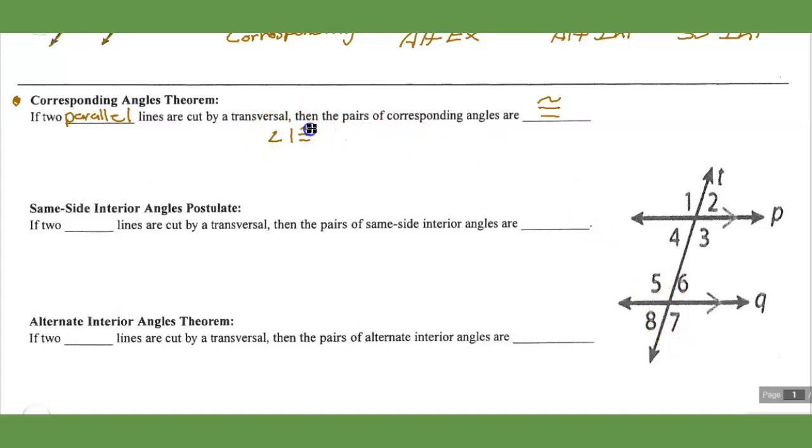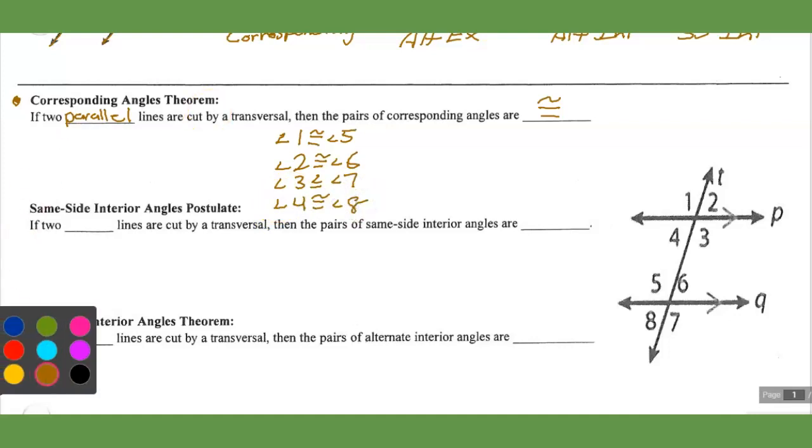Angle 1 is congruent to angle 5, angle 2 is congruent to angle 6, angle 3 is congruent to angle 7, and angle 4 is congruent to angle 8. All right.